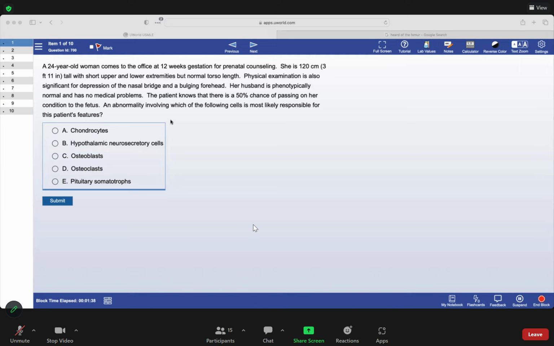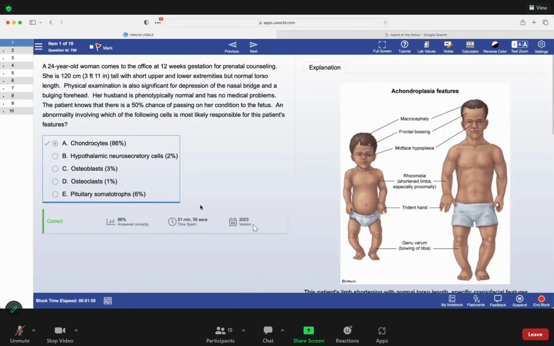But they're asking, an abnormality involving which of the following cells is most likely responsible for this patient's feature? The patient has achondroplasia, which is a defect of endochondral ossification. That's chondrocytes. Are we clear here, folks? That's the answer. Does anything come closer? No, nothing else comes closer. Those are the achondroplasia features. Are we clear, folks?